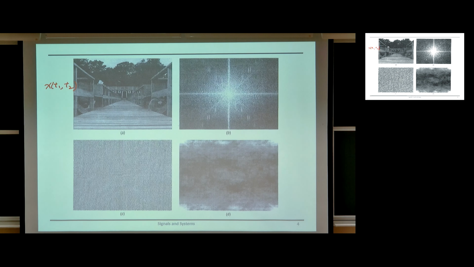Now you can take the Fourier transform of this to get a spectrum, capital X. On the right-hand side is the magnitude of its spectrum, and this is the phase.